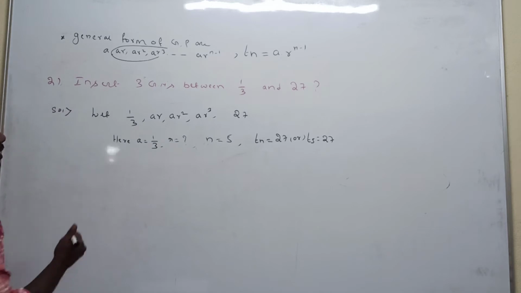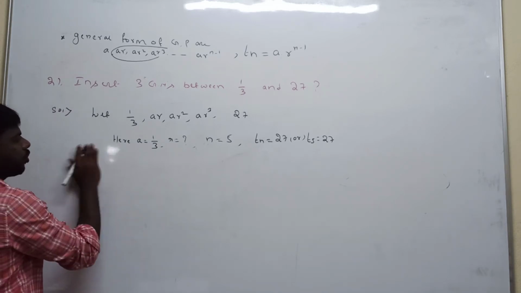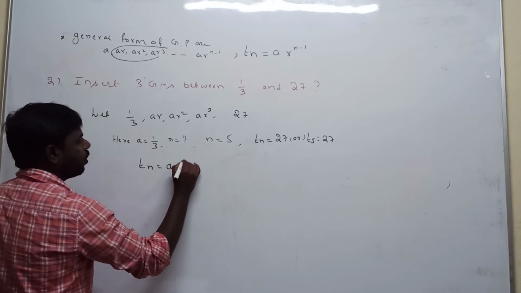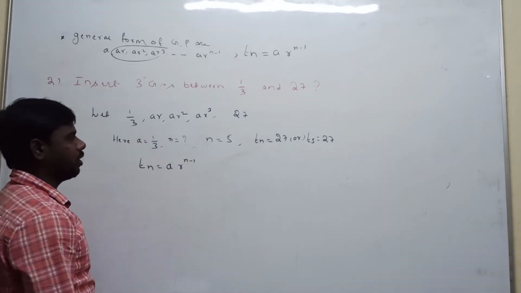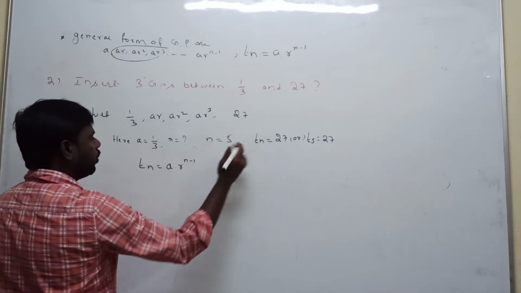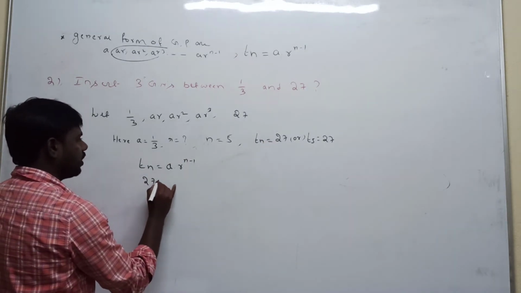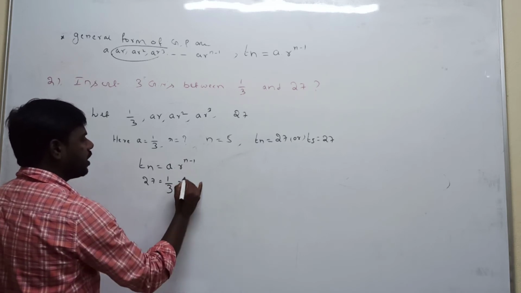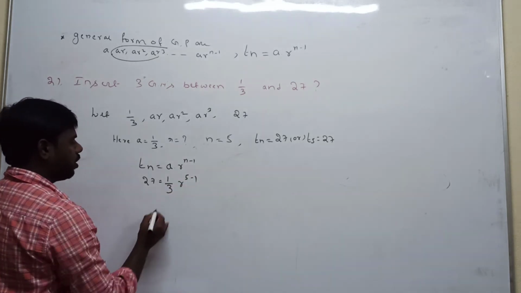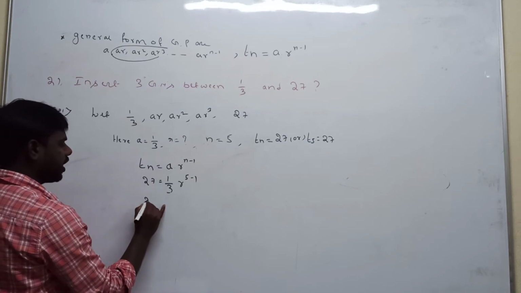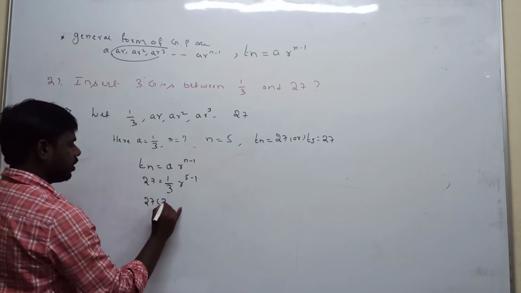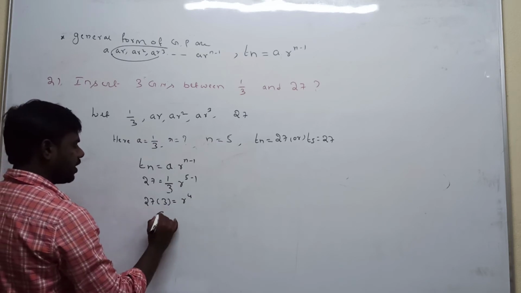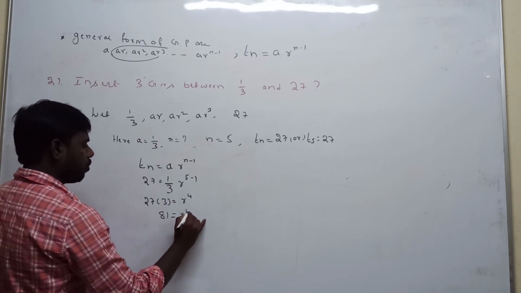Now we are applying the nth term of the geometric progression formula: Tn is equal to a into r to the power of n minus 1. So what is the nth term value? 27. What is the a value? 1 by 3. R we don't know, and n is equal to 5 minus 1. Now cross multiply to the left hand side: 27 into 3 is equal to r to the power of 4. 27 into 3 value is 81, equal to r to the power of 4.